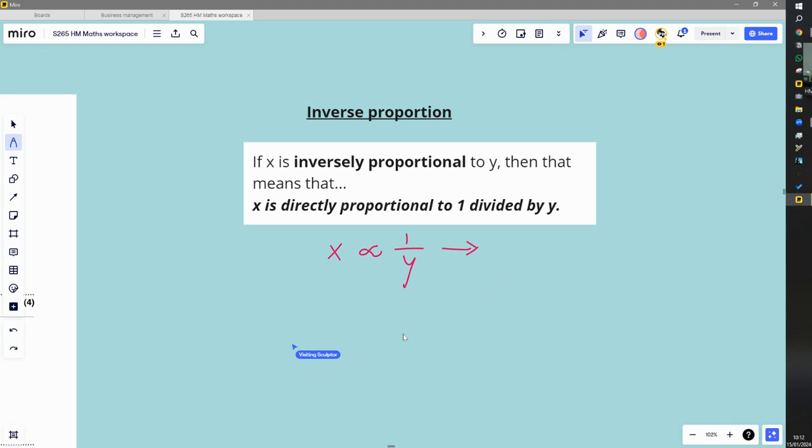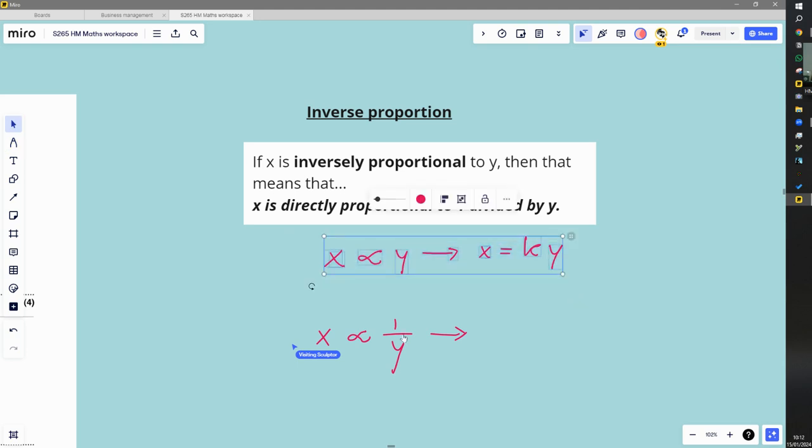Before, let's just recap what we would do if it was directly proportional. If x was directly proportional to y, then we could write that x is equal to some constant multiplied by y. In this case, we say x is equal to some constant multiplied by 1 over y, which could just be rewritten as k over y.